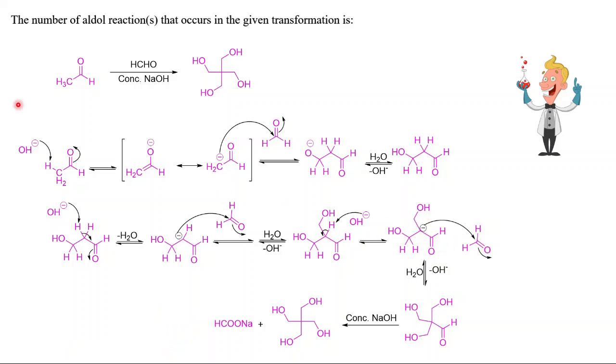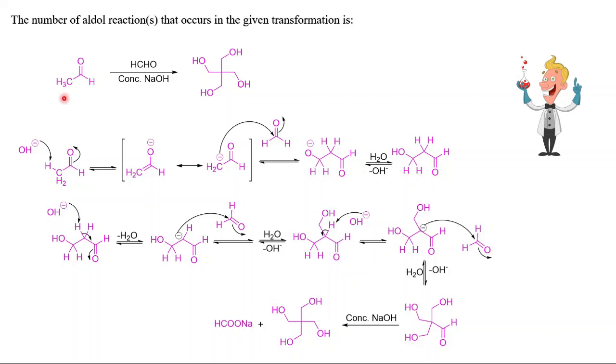So if you see, there are 3 protons, so 3 abstractions, so the number of aldol reactions is 3. By simply looking at the alpha hydrogens, we can predict how many aldol reactions will take place with that substrate.